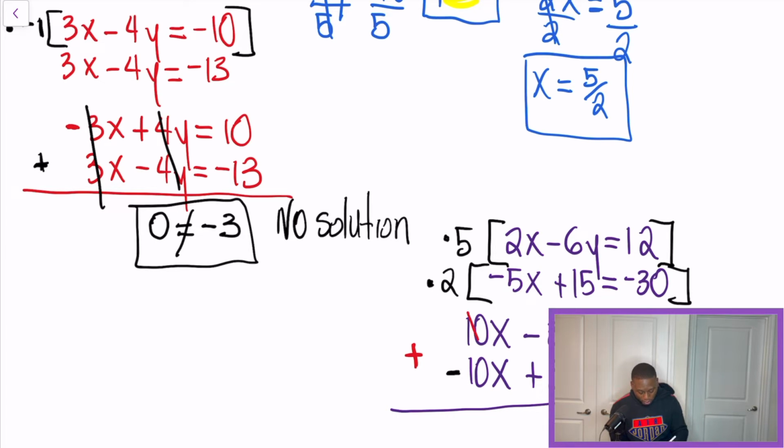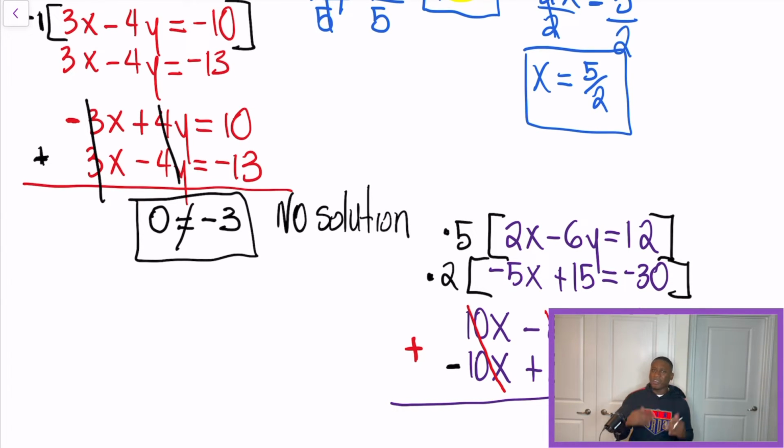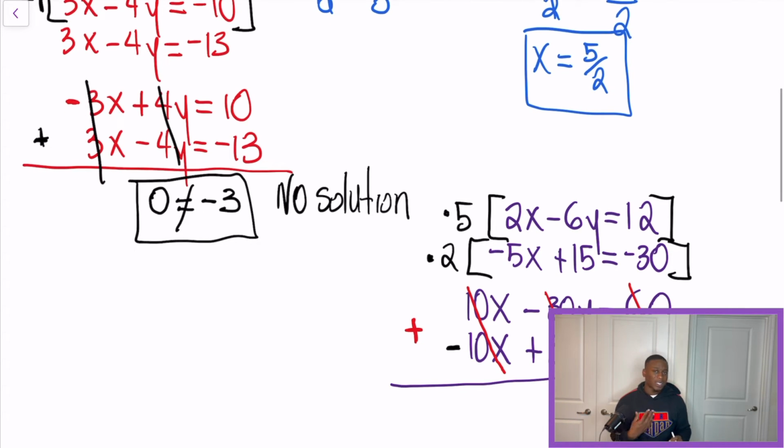So our x is going to be canceled out, and our y is going to cancel out, and then even the constant is going to cancel out. So what we're basically saying right now is that 0 is equal to 0. And that is a true statement, right?